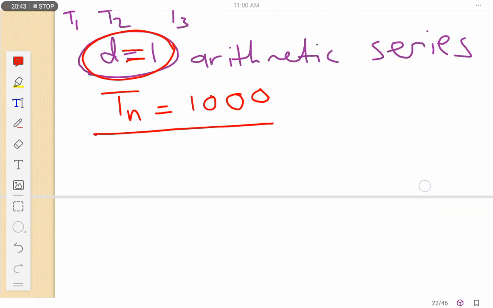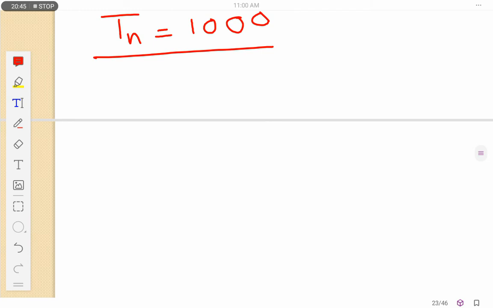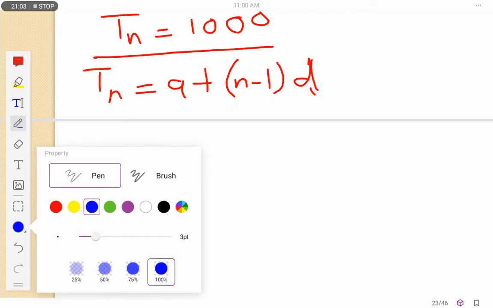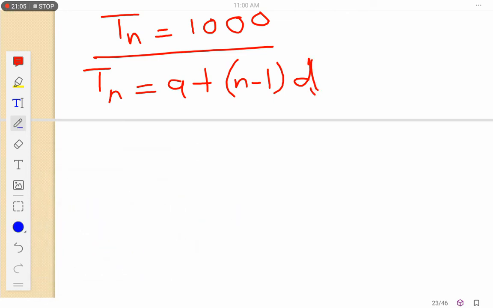I'm saying 1000 because I can use an equation of an arithmetic series which says Tn is equal to A plus N minus 1 by D, to find the N. Now, substituting the information that we have, I've got Tn, I'm saying it's 1000. That's the number of terms that we are given. I want to find N there.